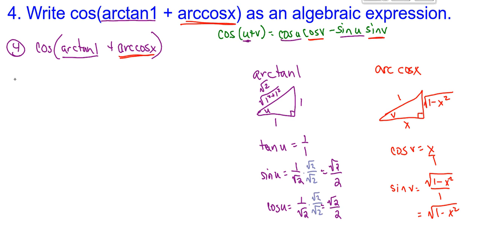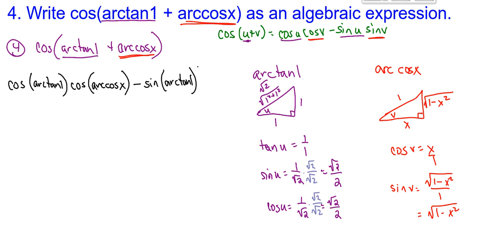So that means I'm going to have the cosine of the arctan of 1 times the cosine of the arc cosine of x, and then minus the sine of the arctangent of 1 times the sine of the arc cosine of x.